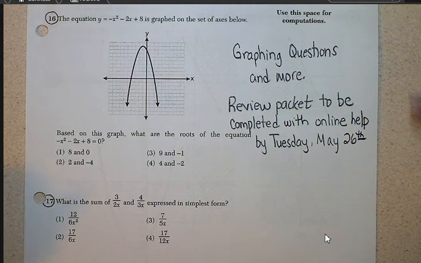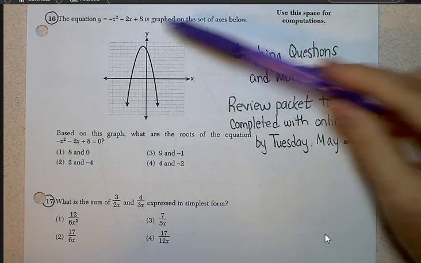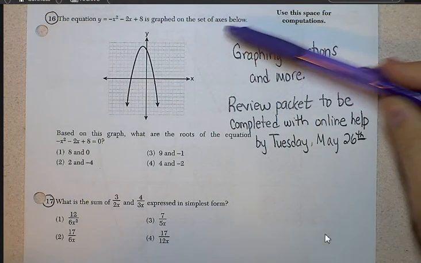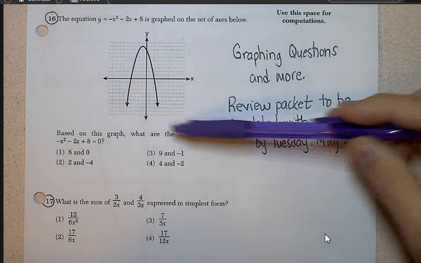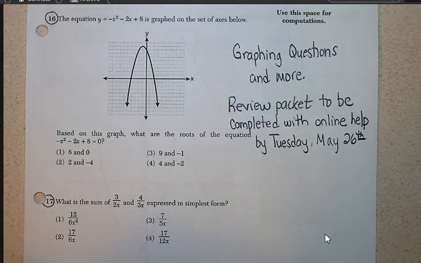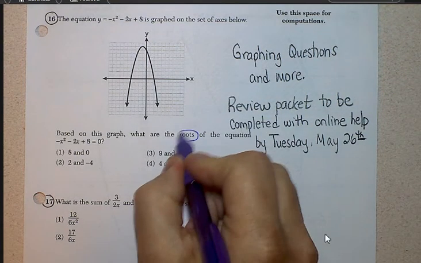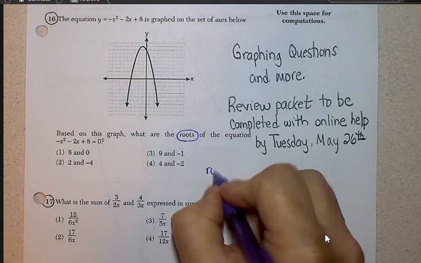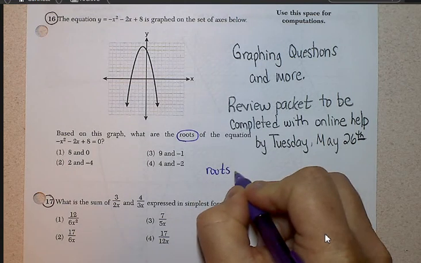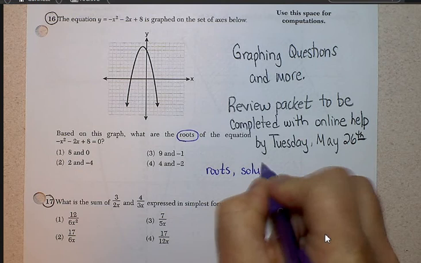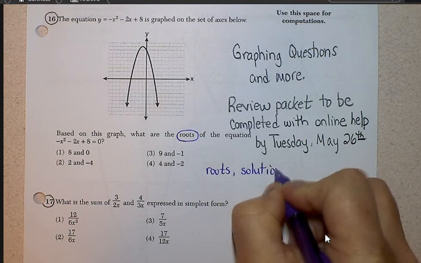So question 16, we have the equation negative x squared minus 2x plus 8 is graphed on a set of axes below. Based on the graph, what are the roots of the equation? Again, when we talk about roots, roots are also solutions, another word for them, and zeros.